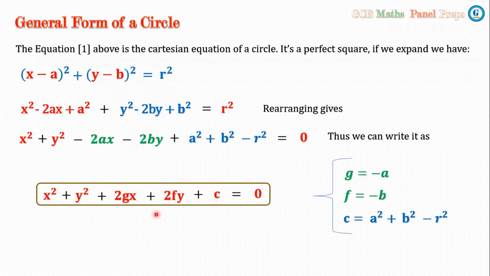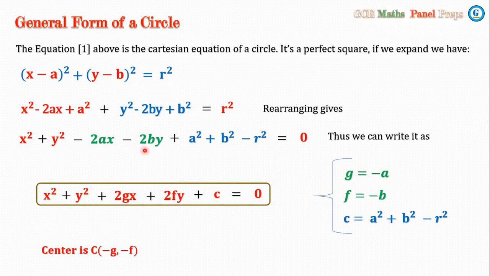So when you're given the general form of the equation of a circle, you can obtain the center and radius as follows. With this general form in this box, the center of the circle will be given by negative g, negative f. Why? Because you see that we have replaced negative a by g, right? Normally the center is supposed to be a, b.